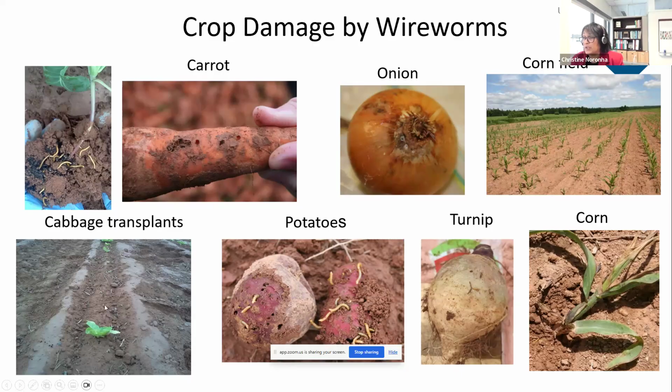In these fields where you are seeing these gaps with no plants, these are not just misses while planting. This is actually the wireworms have eaten these plants and destroyed them. So they cause a big problem to growers in the spring as well as in the fall. Spring with the seeds, and in the fall with the root crops.